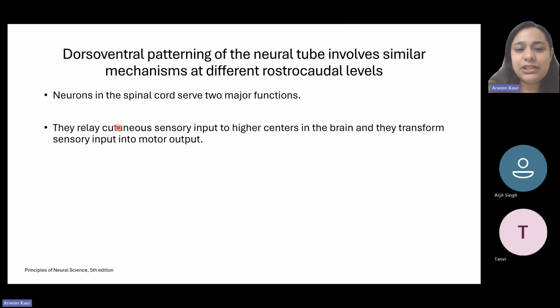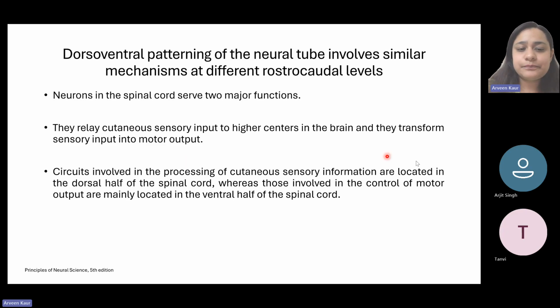They will either relay cutaneous sensory input to higher centers in the brain, or they transform sensory input to motor output, right? So either they will take sensory input to the brain or they will bring motor output from the brain. Those are the two major types of things that the spinal cord neurons will do, right?